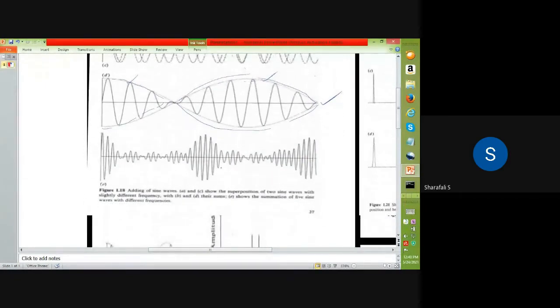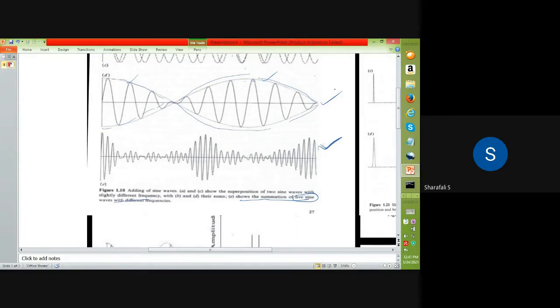Now the curve E shows the summation of 5 different sine frequencies. You can see from here in E, we have the summation of 5 different sine waves with different frequencies. So this particular figure represents adding 5 different sine waves.